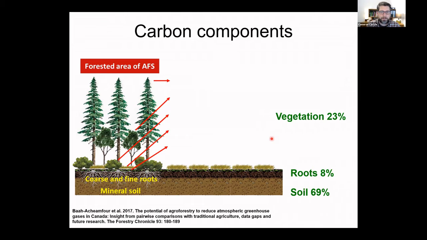These numbers are coming from a review paper that Mark Baah did looking at agroforestry systems across Canada. The root number is probably a bit of an underestimate because of the difficulties associated with sampling roots, especially sampling them to their full depth.